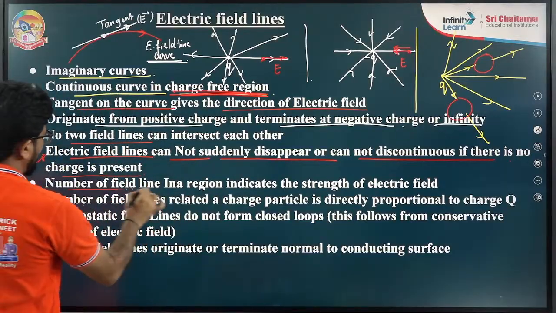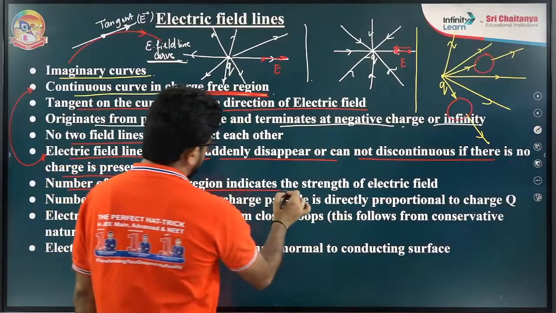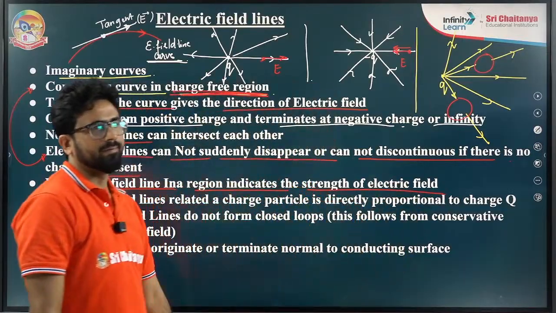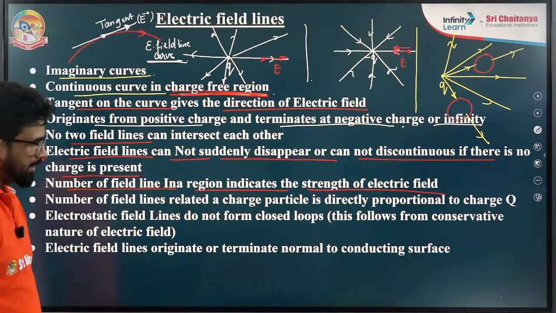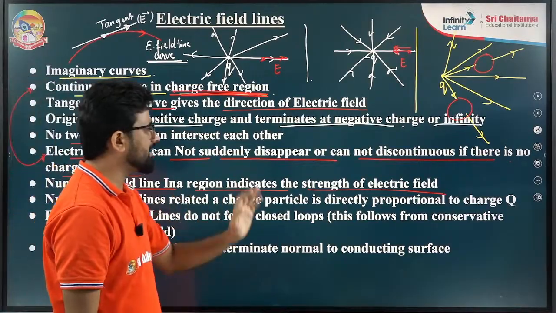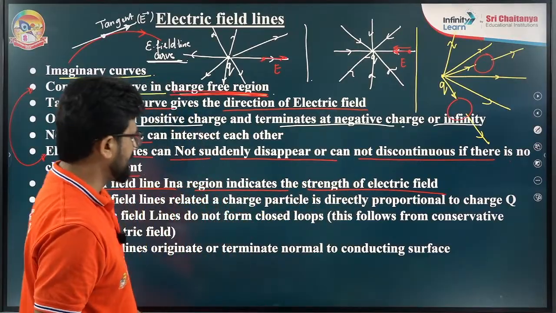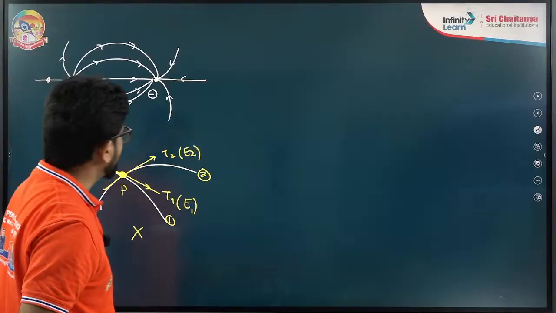Now, the number of field lines in a region indicates the strength of the electric field. Very, very important thing. What I am saying, the number of field lines in a region indicates the strength of the electric field. What is the meaning of that? Listen carefully.